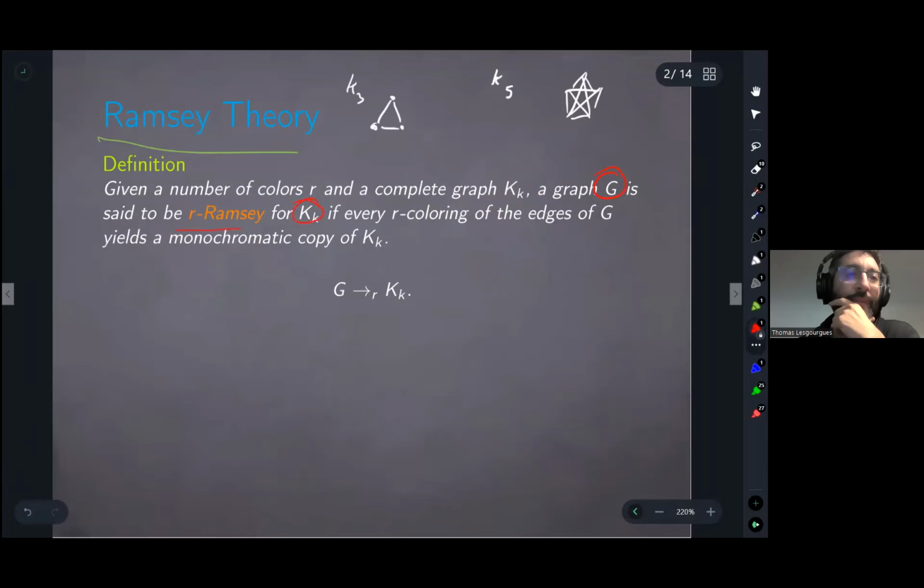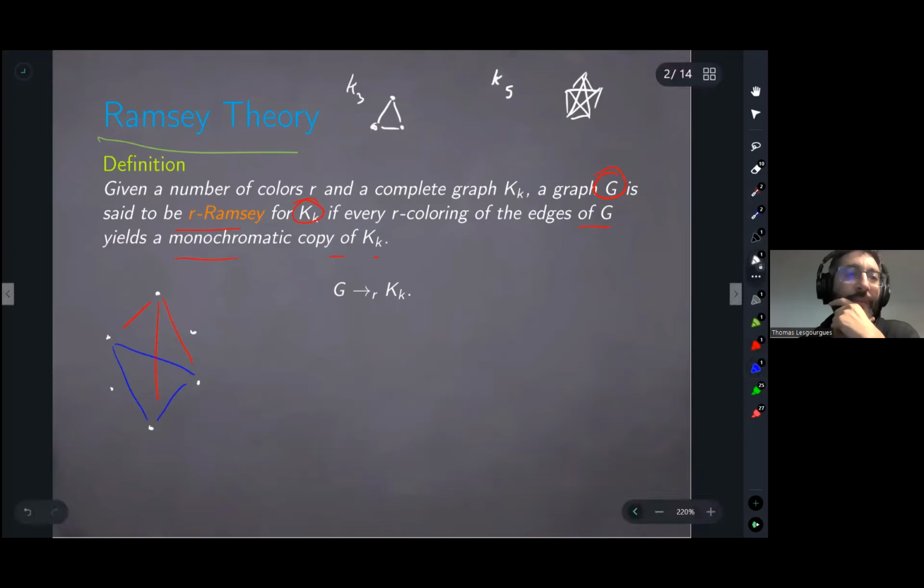if however you try to color the edges of G, you end up with a monochromatic copy of K_k inside. To go back to the example that Sam talked about on Monday, the very famous example is that if you start with K_6, a complete graph on 6 vertices, and you try to color it with 2 colors, then whatever you do, you will have a monochromatic triangle in there.